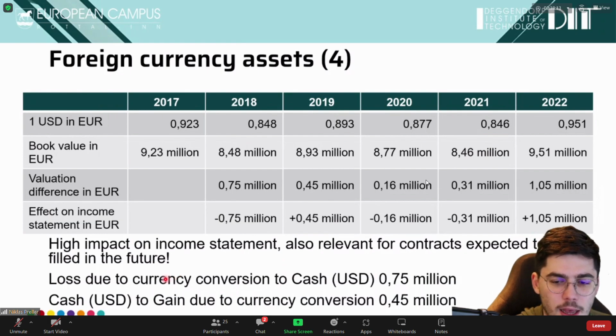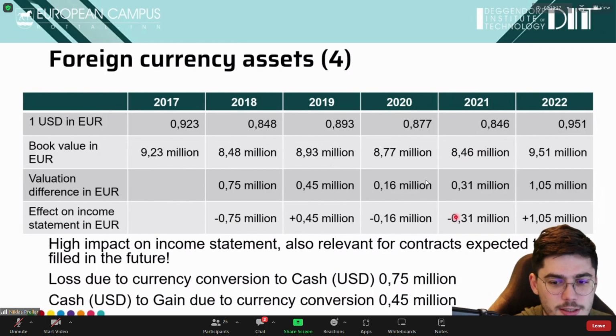But in the specific case of the IFRS, for long-running accounts like this one, we have the difference that we don't show this effect directly each year on the income statement, but in a separate category below net income. So it's not part of net income.